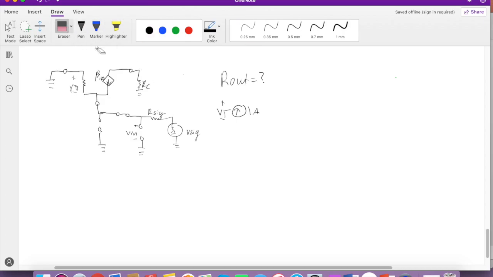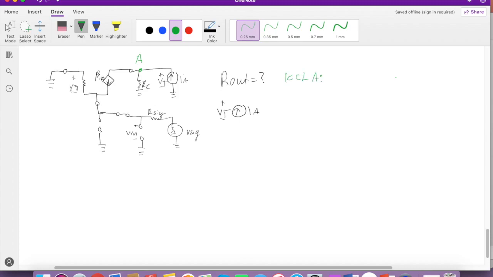So what we'll do is simply draw a 1 amp current source. We'll call the voltage VT again, and we have to find VT. The most obvious approach right now is a KCL at the node A that I labeled. We'll do that in green.